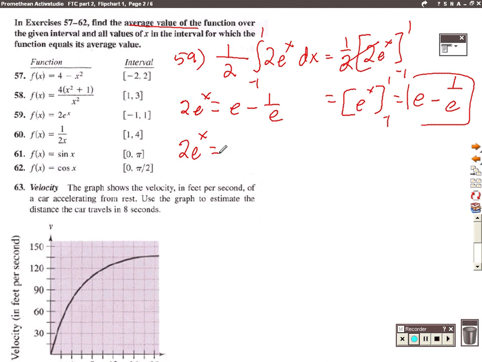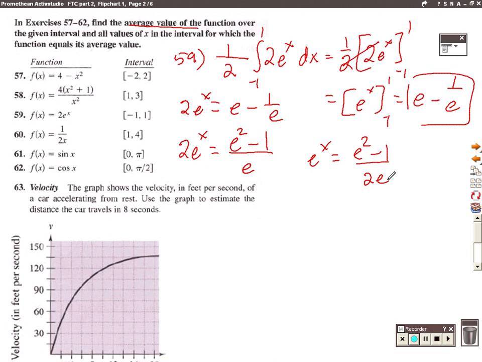2e to the x, I'm going to get a common denominator on the right hand side, and I'll get e squared minus 1 over e. I'm solving for x, so let's see, what do I want to do with this? Trying to think of the easiest way to solve this. Let's do e to the x is equal to e squared minus 1 over 2e, dividing by 2.